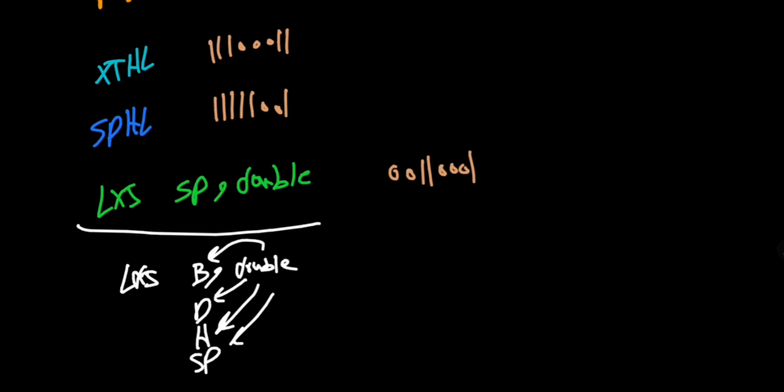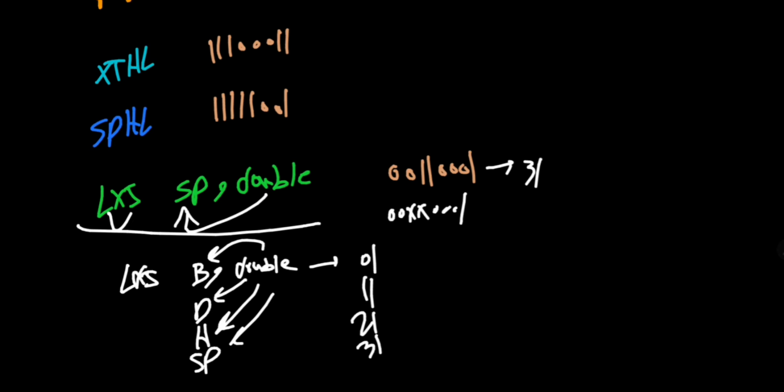The programmer provides the double byte, or the 16 bits, that it wants to send to the register pair immediately, and the opcode was 00XX0001, which makes this instruction's opcode 01 in hex, 11, 21, and 31. 31 would be this one, which loads an immediate 16-bit value into the SP register pair.